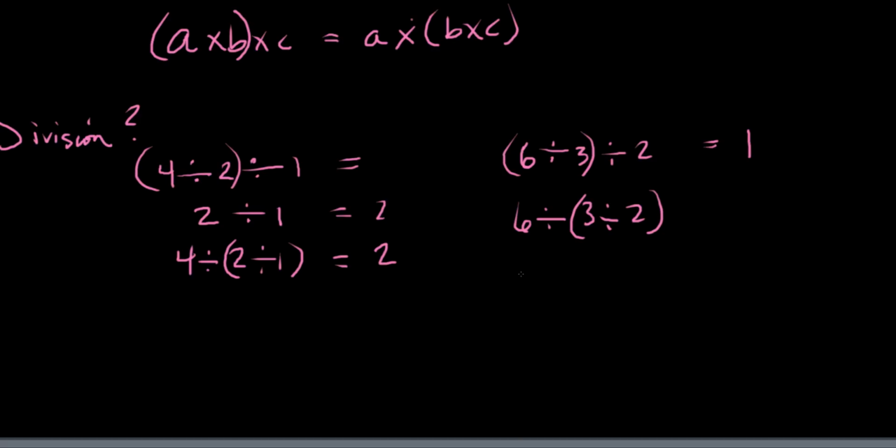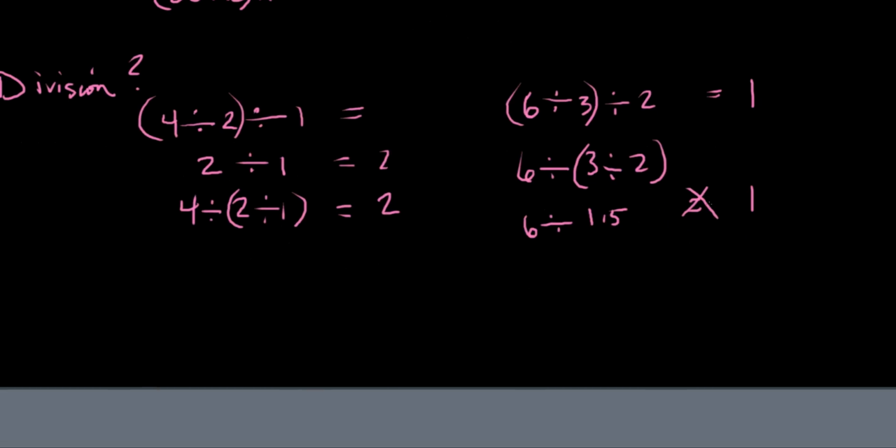So now we're talking about 6 being divided by 1.5. Well, I can tell you right now that that's not equal to 1. I don't know what that would be equal to, by the way. I'm interested to see. Well, I could quickly do it the right way.